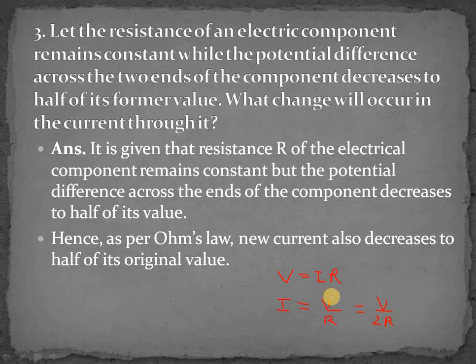Now the initial one was V over R, and if we change the potential to V over 2, what we get is that the new current decreases to half of its original value because it is divided by 2. So therefore, according to Ohm's law, we can say that the new current decreases to half of its original value.